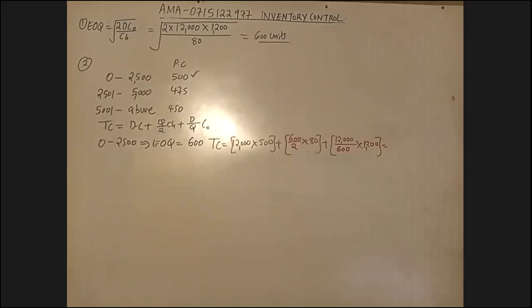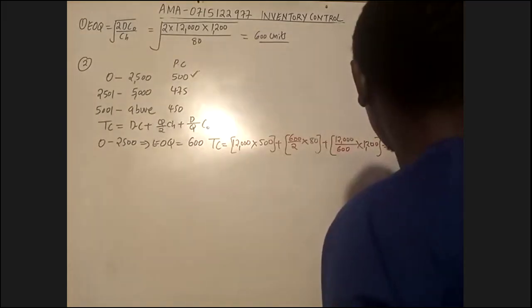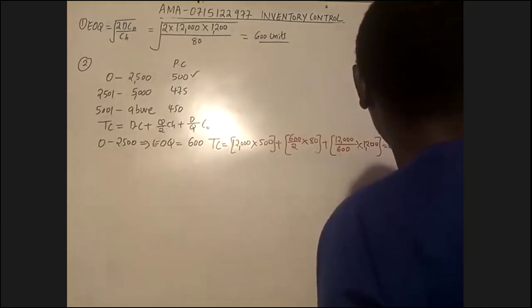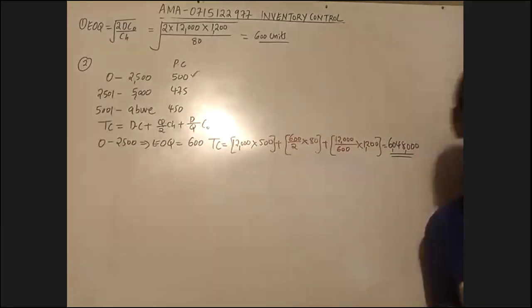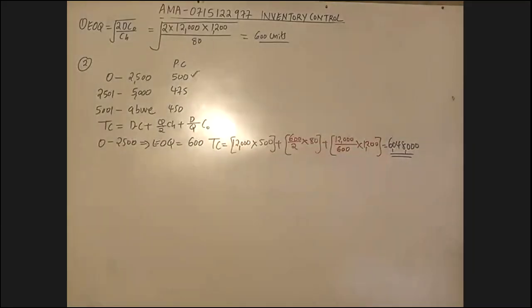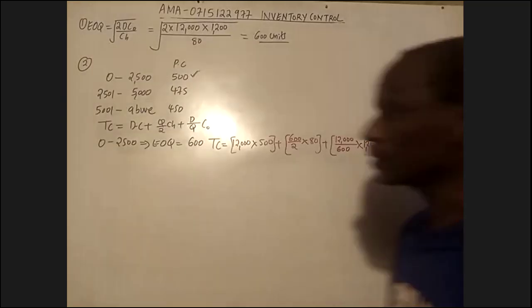So itakuwa ngapi hiyo? 48,000. 48,000 sivyo? 48,000. Let's go to the next one.